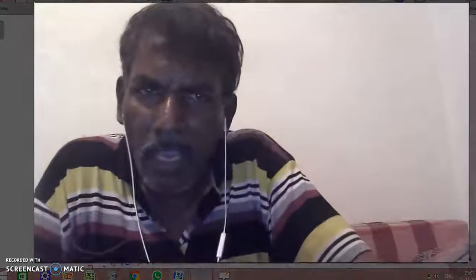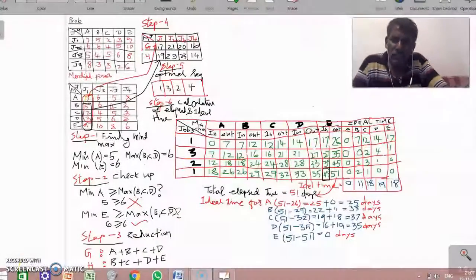Now we have to check whether the minimum of A or the minimum of the last machine is greater than or equal to the maximum among the in-between machines. That's our next aim. So let us check that now.